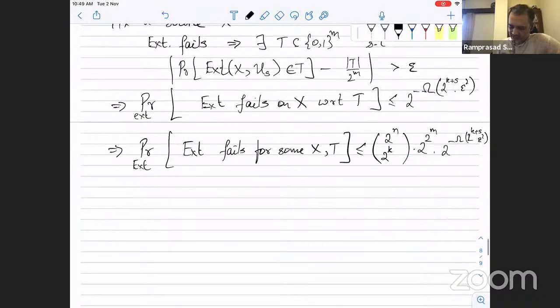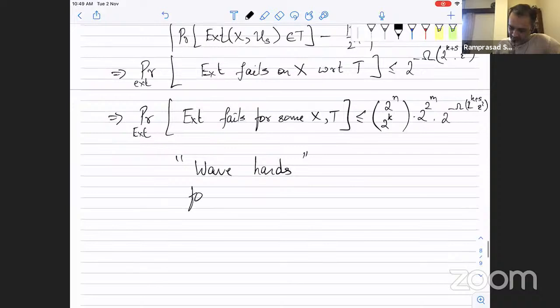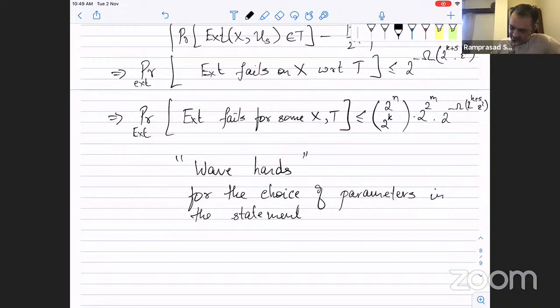Now I'm going to basically wave hands and say that for the choice of parameters in the statement, whatever the RHS is, it's way smaller than 1.